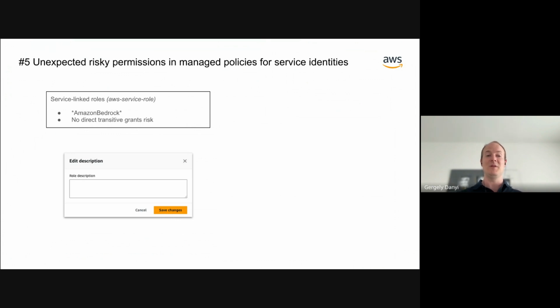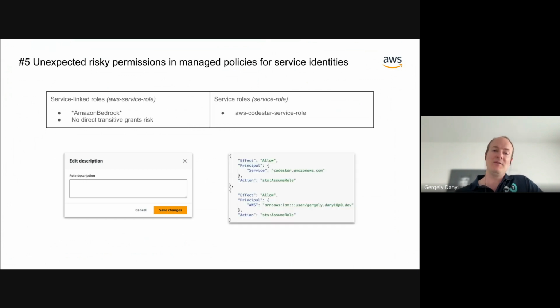And these do not present a transitive grant risk because you cannot add anybody else to the trust relationship. If you try to do that, all you get is the ability to edit the description, and you cannot specify other principals. But for AWS service roles, the ones that have service-role in the ARN, you can actually grant any other principal access to this role. In this example, I granted access to myself other than the service.